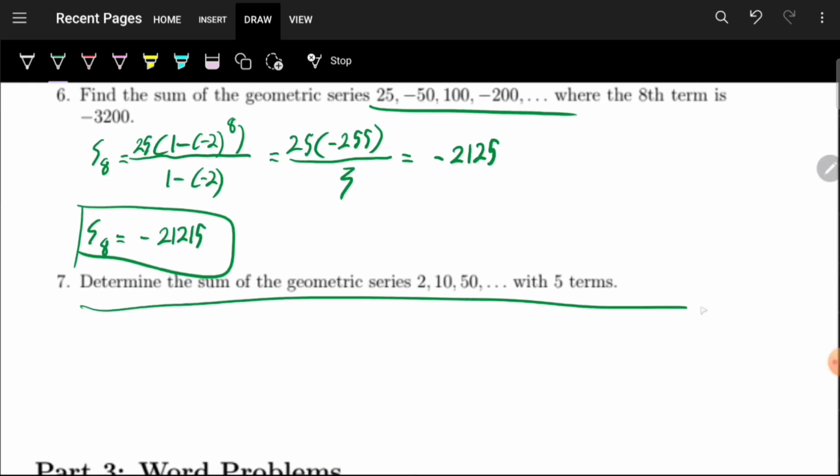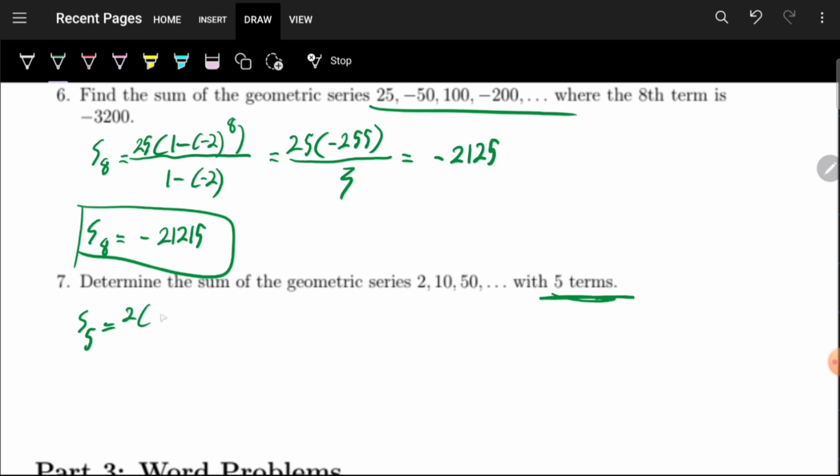It says determine the sum of the geometric series 2, 10, 50 with 5 terms. Okay, so we know that there's 5 terms here, so we can simply do S5 is equal to the first term times 1 minus the common ratio, which is 5, to the power of 5 all over 1 minus 5. So this will be equal to 2 times, let's see what 1 minus 5 to the 5 is.